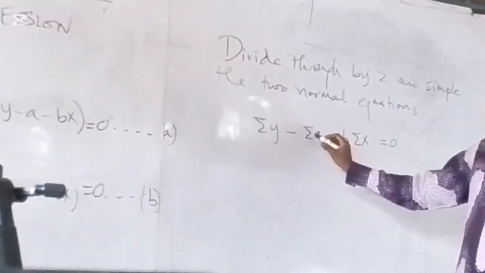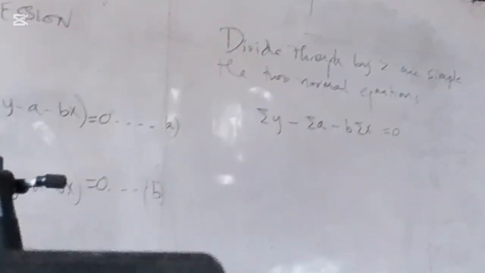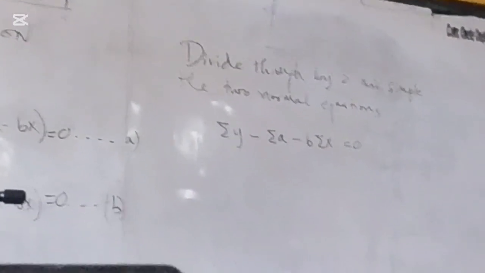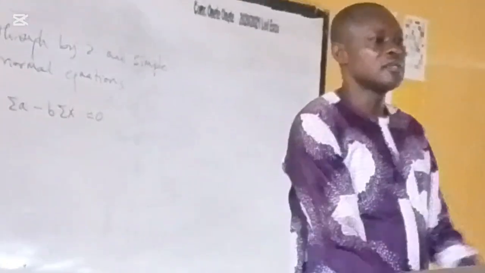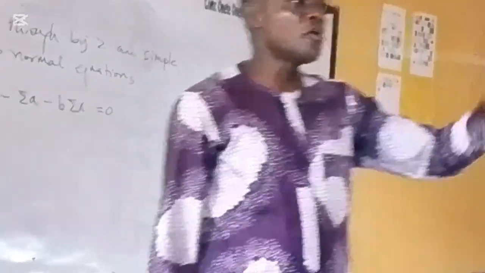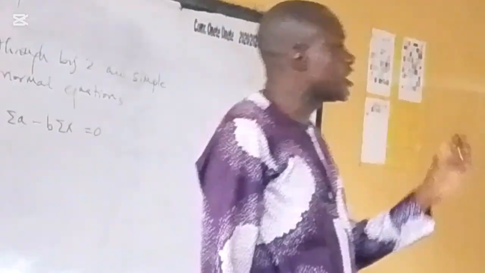As we sum all of this, what about this sum? Now A is a constant. As you sum them, how many A's are you summing? If you sum A 3 times, it becomes 3A. If you sum A 4 times, it becomes 4A. If you sum it 9 times, it becomes 9A.